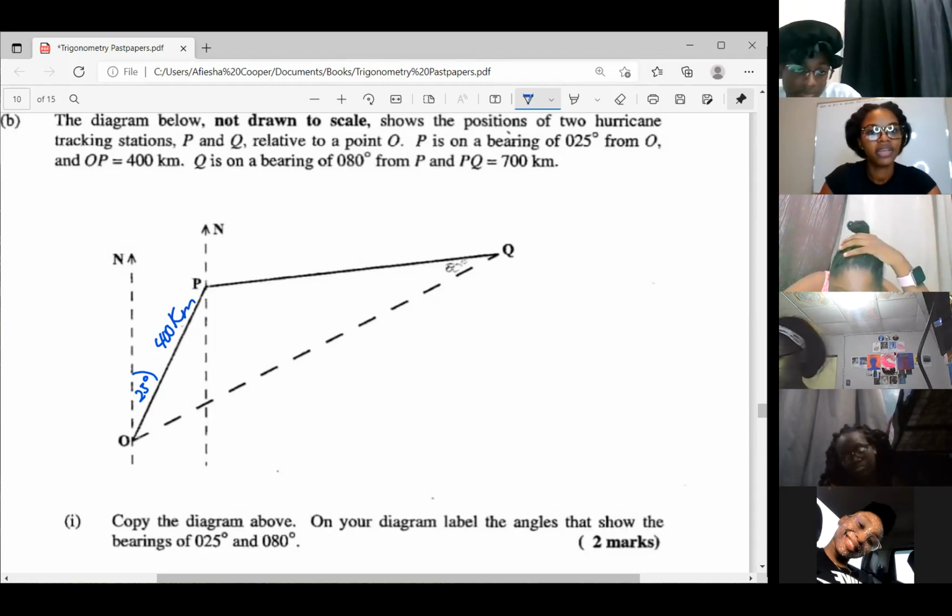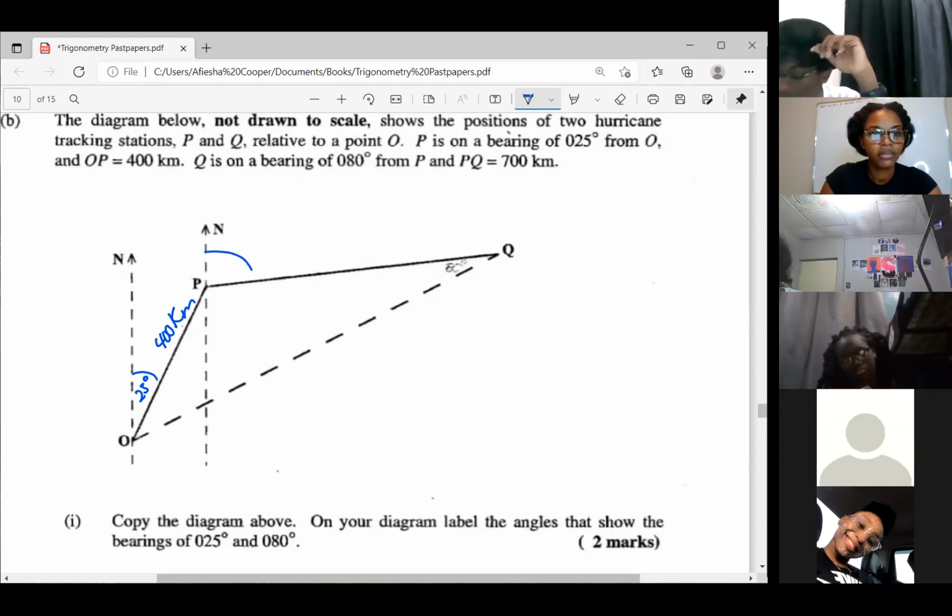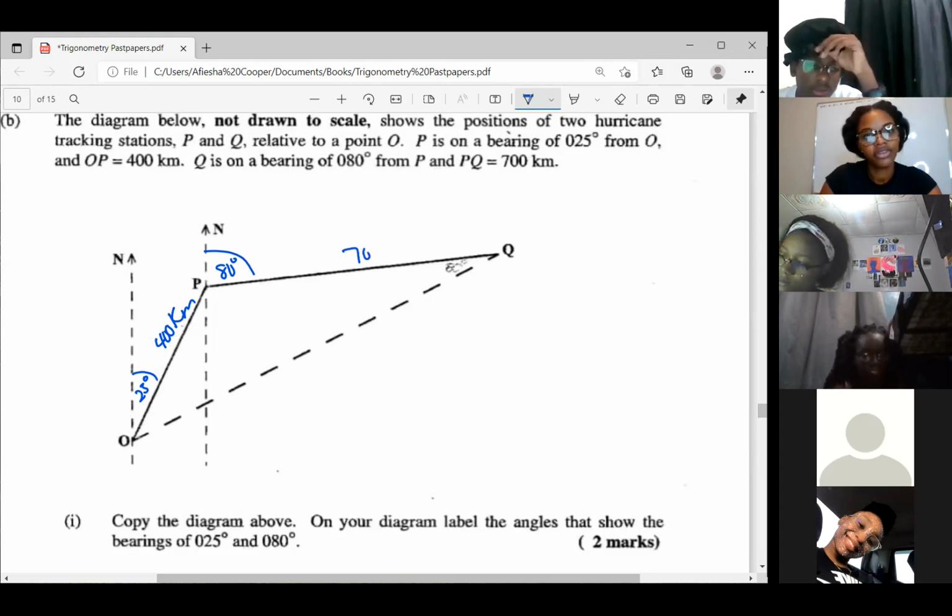Q is on a bearing of 80 from P. Q from P, 80. PQ is 700 km. All right, copy the diagram. On your diagram, label the angles and show the bearings of 25 degrees and A.